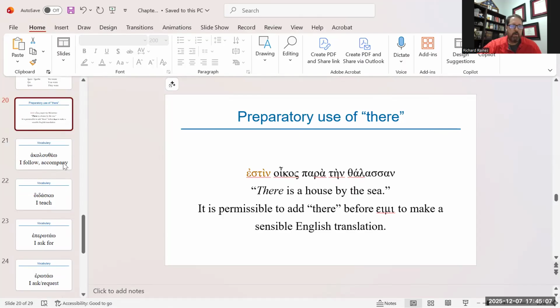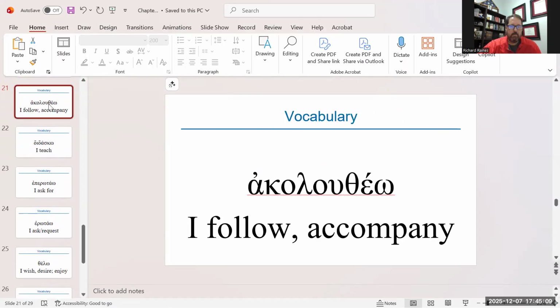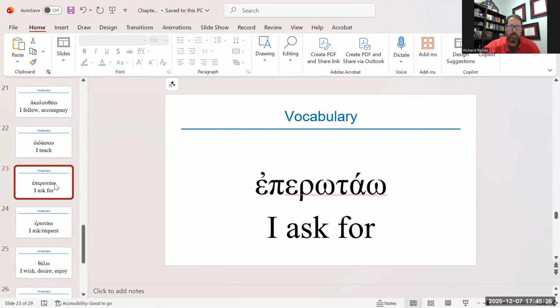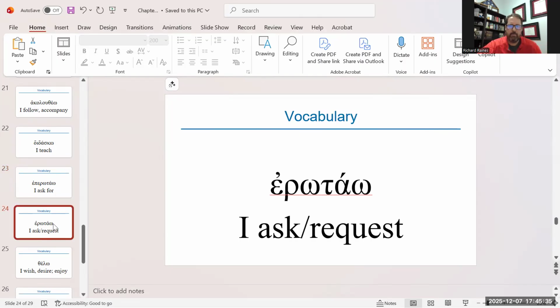Our vocabulary words for this week. Akoloutheo, I follow, I accompany. Didasko, I teach. If you've ever been a teacher and you use the word didactic, that's where it comes from. Didasko, I teach. I have a hard time with this one. Eperotao, I ask for. Erotao, I ask, request. You see those are very similar.